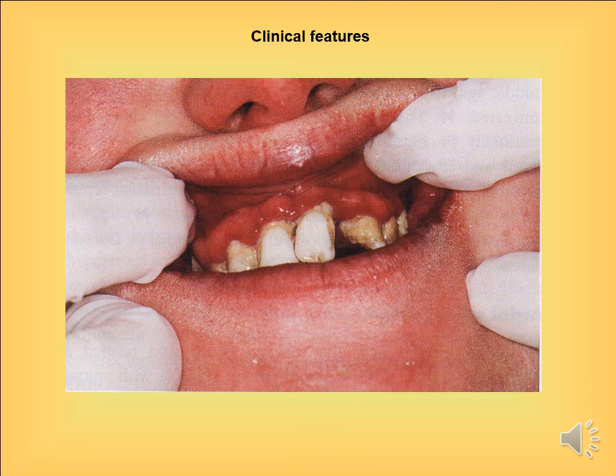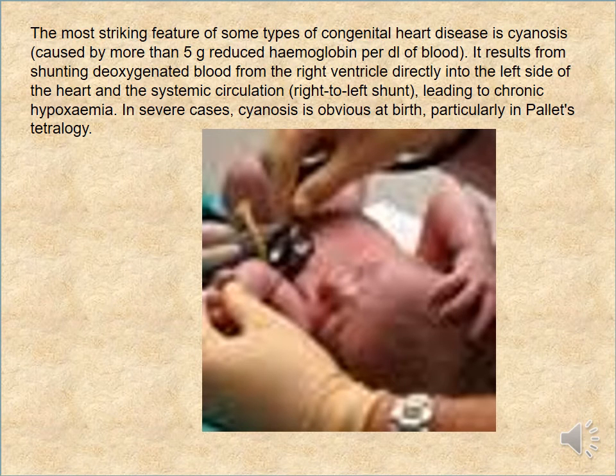The clinical features of congenital heart disease. The most striking feature of some types is cyanosis, caused by more than 5 grams of reduced hemoglobin per deciliter of blood. It results from shunting deoxygenated blood from the right ventricle directly into the left side of the heart and the systemic circulation, a right-to-left shunt, leading to chronic hypoxemia.